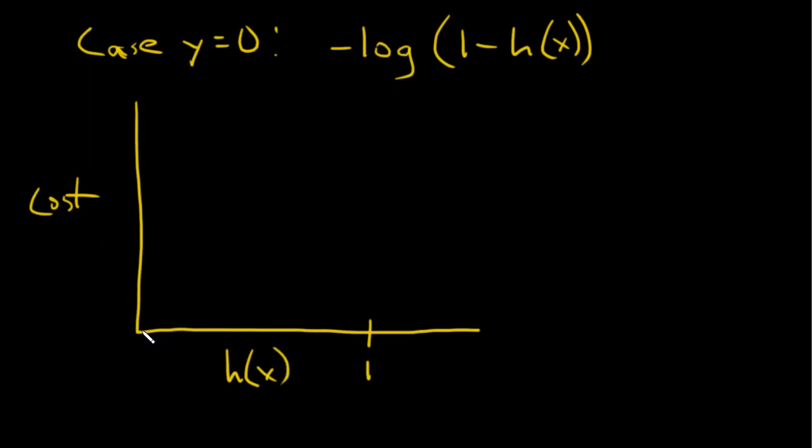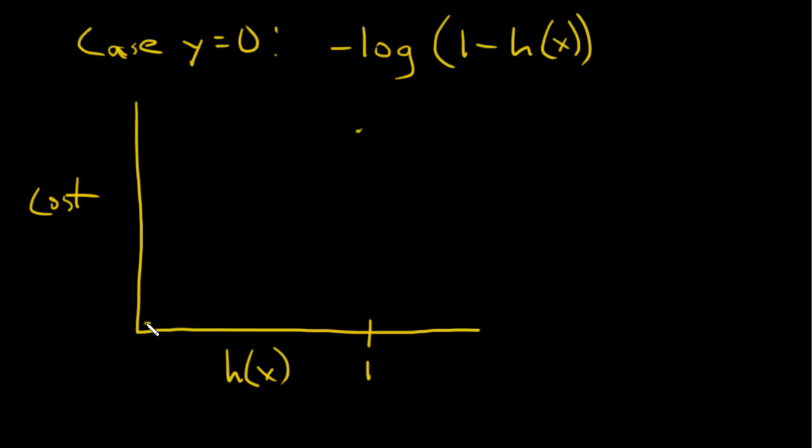So if y actually does equal 0, and I guess 0, I need to have a very small cost. And if my guess is that the category is 1, where h of x is closer to 1, I need to have a really high cost associated with that. So I need to punish that.